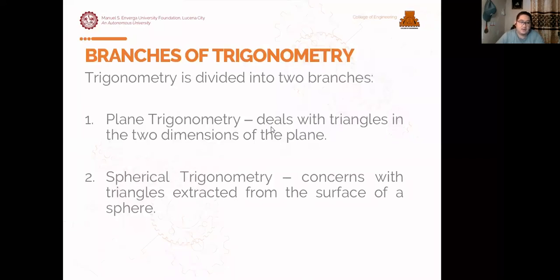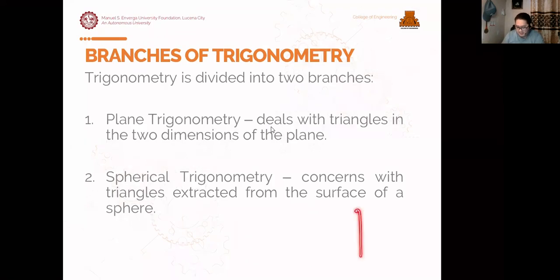And then once we go to spherical trigonometry, ang focus natin ngayon is yung surface ng sphere. So kung ang itsura ng triangle kapag plane trigonometry pinag-uusapan natin is ganyang right triangle, no? Sabi natin right triangle yan. Okay? Pagdating sa spherical trigonometry, yung itsura na niya is parang nag-cut ka ng part ng sphere or parang kung meron kang pakwan, tapos kinat mo siya, yung surface area niya.